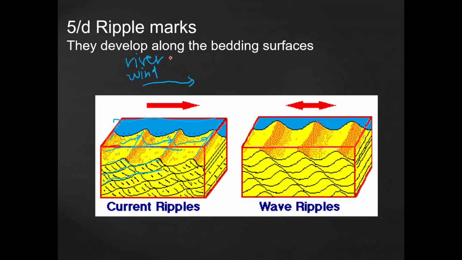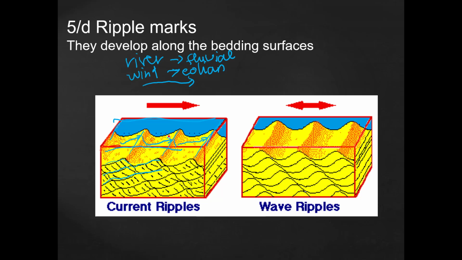So the river is fluvial and the wind is aeolian. Normally the wind currents are much more irregular. The thickness of the layers can be different and the wind direction also. When you have a river, those are more uniform layers and the crossbeds are exactly the same angles. When you look at the ripple marks on the bedding surface, they are asymmetrical.